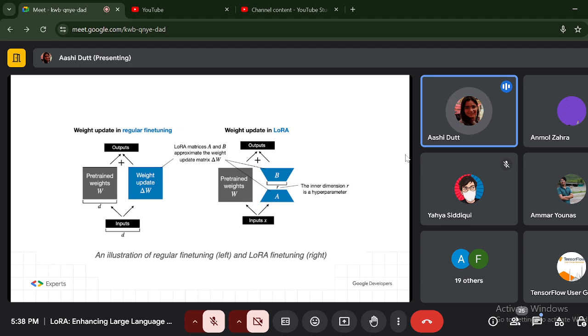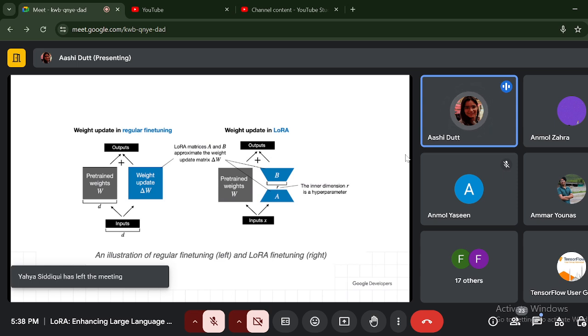It is computationally very heavy because it will have the same number of parameters that W has. But if you do it with LoRA, it uses those two decomposed matrices that have far fewer parameters than W. So delta W is B times A, which has much, much fewer parameters than the original pre-trained weights. Okay. I hope the difference between fine tuning with LoRA and without LoRA is clear through this illustration.